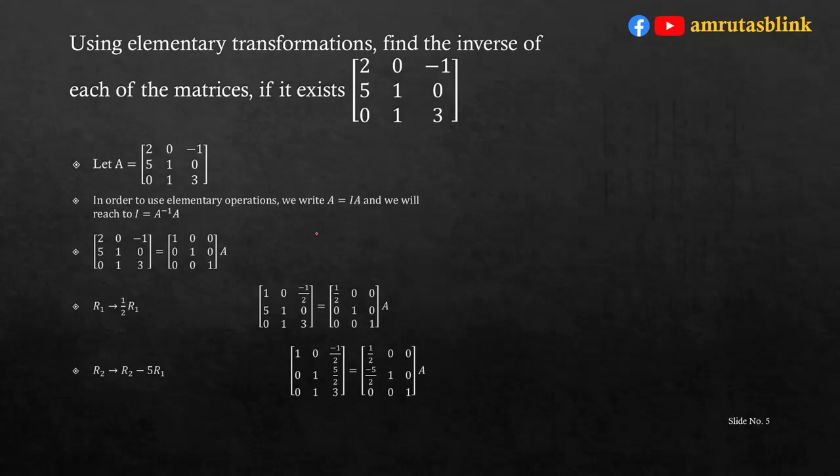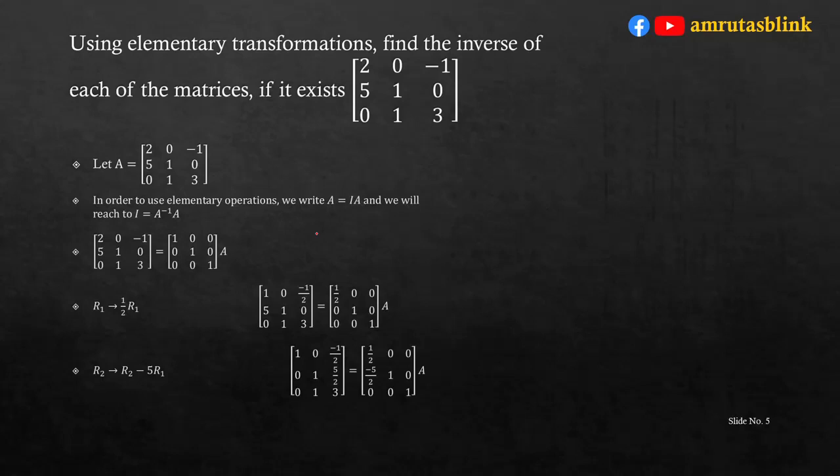Then R2 will be revised as R2 minus 5 into R1. So 5 minus 5 into 1 is equal to 0. 1 minus 5 into 0 is equal to 1. And 0 minus 5 into minus 1 by 2 will become plus 1 by 2. So the second row is now 0, 1 and 5 by 2.